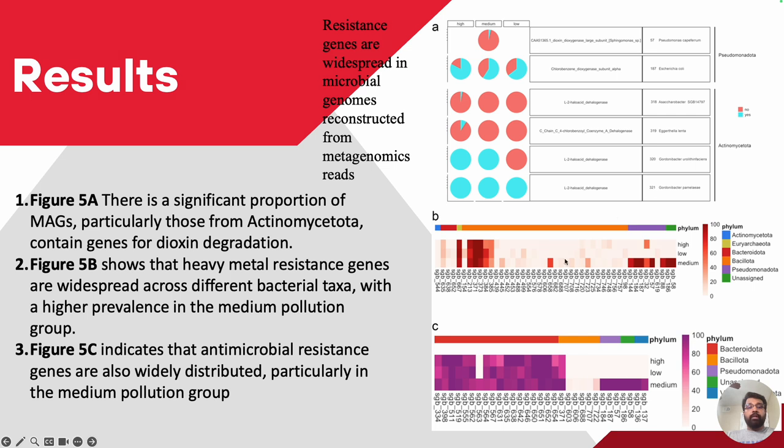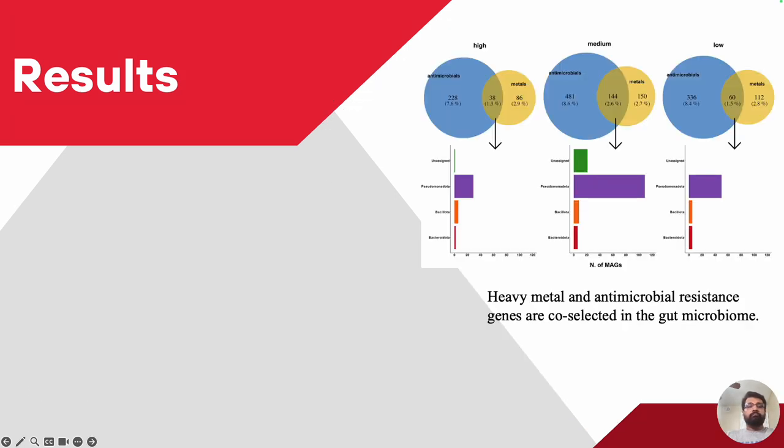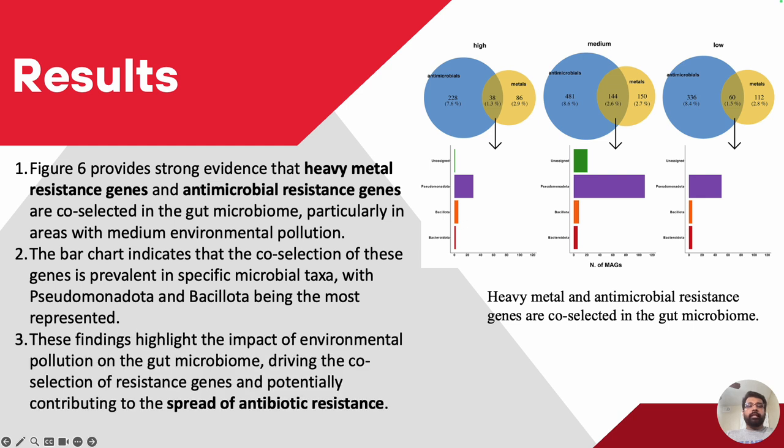And 5B is showing that the heavy metal resistance genes are widespread across different bacterial taxa that you see here on the right, with a higher prevalence in the medium pollution group. And the last one, 5C, indicates the antimicrobial resistance genes are also widely distributed, particularly in the medium pollution group. So this is a very interesting graph.